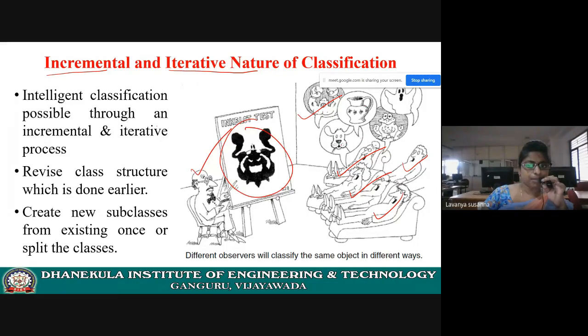One member is imagining a dog, another a cup or a jug, another a person, another a frog. That means it depends upon the perspective of the user. There is no correct solution for that. I may classify differently, you may classify differently, your friends may classify differently. It depends upon the developer's perspective.